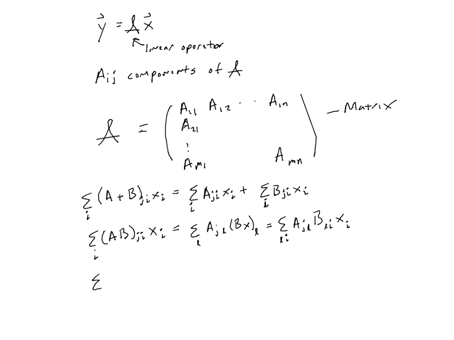Now you should also note that if you put in a scalar here, the result is lambda times the sum over i of A_ji x_i. So the scalar just multiplies in with the matrix the same way it multiplies in with the vectors.